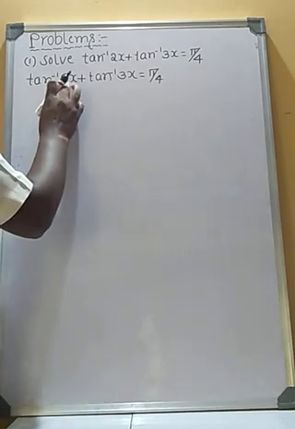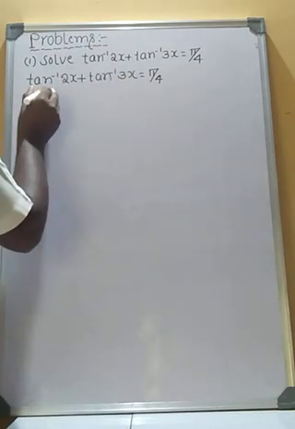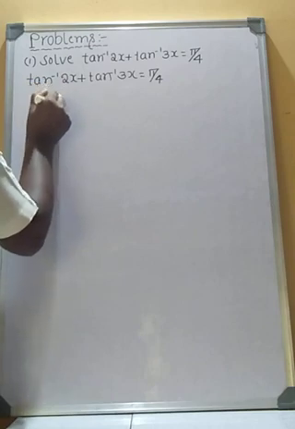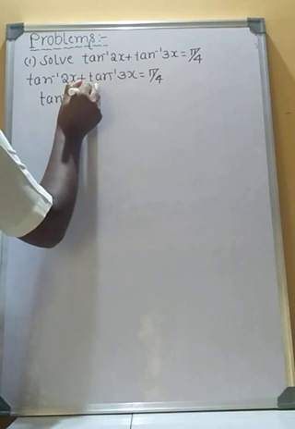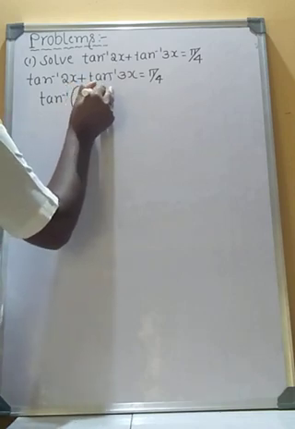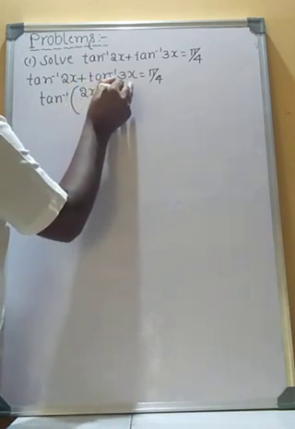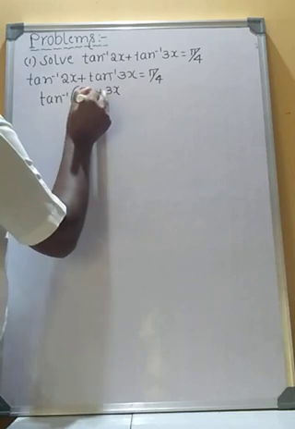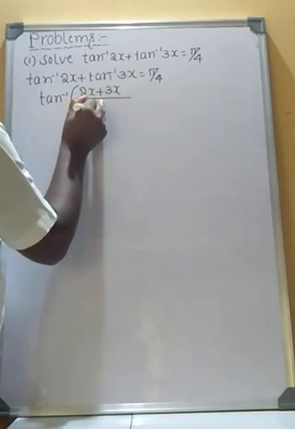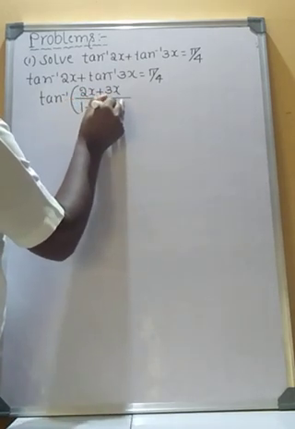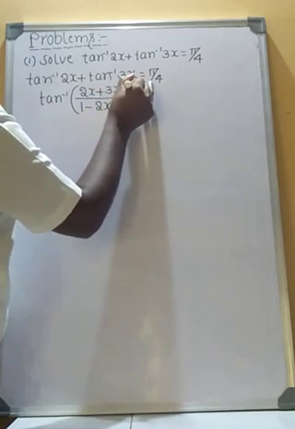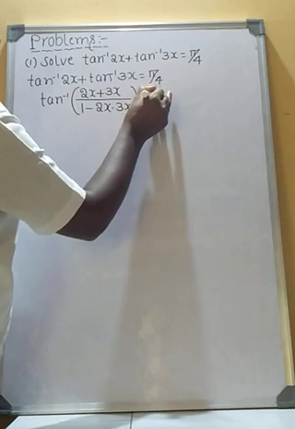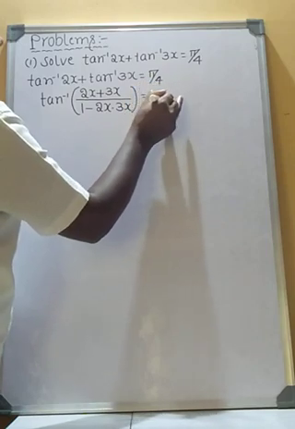This is of the form tan inverse x plus tan inverse y. So tan inverse of (2x plus 3x) divided by (1 minus 2x into 3x) equals pi by 4.